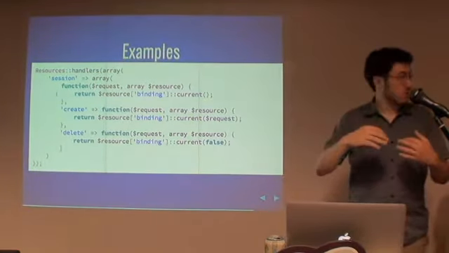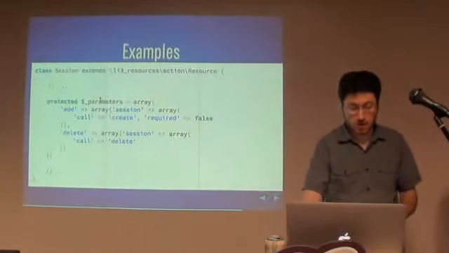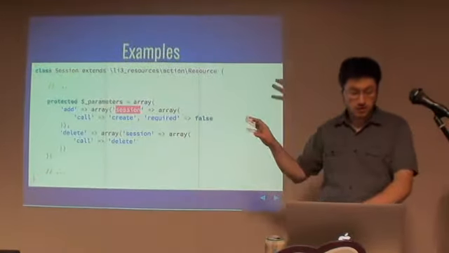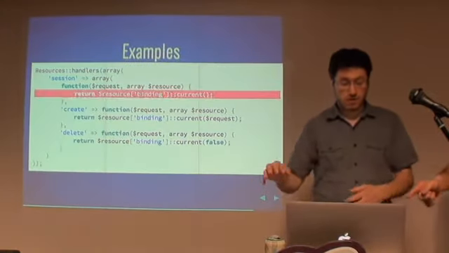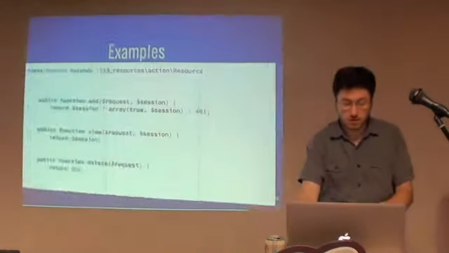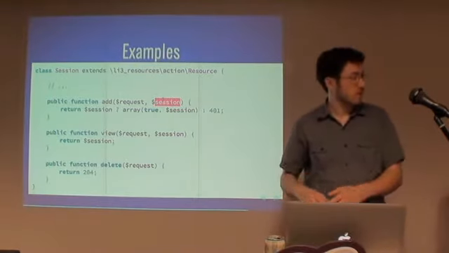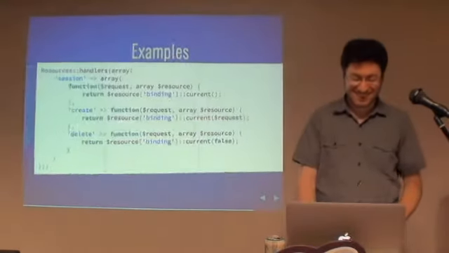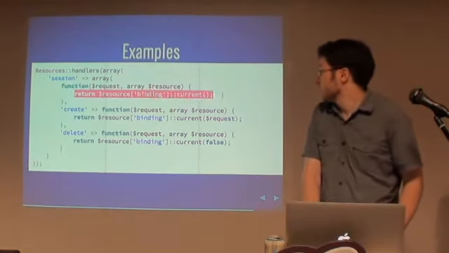When the resource is called, it looks up the handler called session, and then it calls the handler code to get the value to pass here. So this is the default handler which gets the session data.